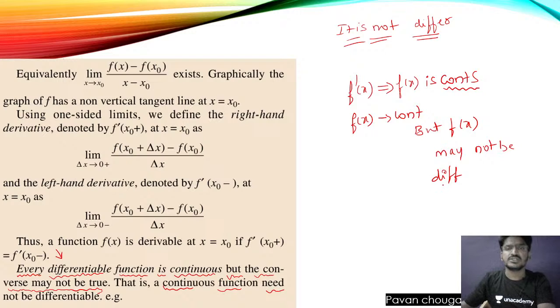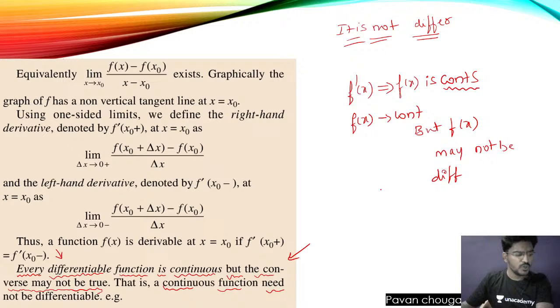clear? This is a very important result, because so many times a question has been asked on this particular result in your exams. They will give you one function and say that it is continuous, and the following task is to check whether it is differentiable or not.